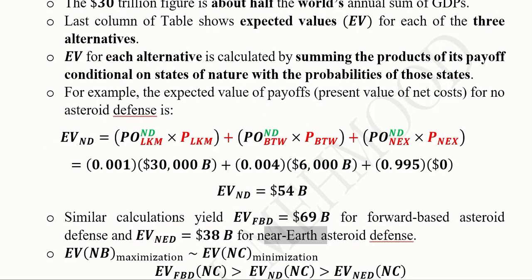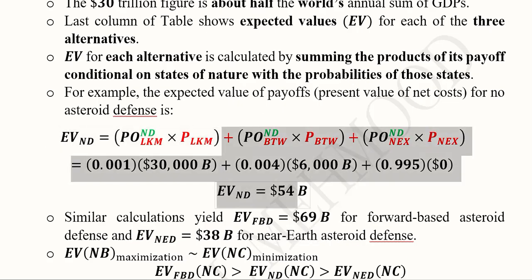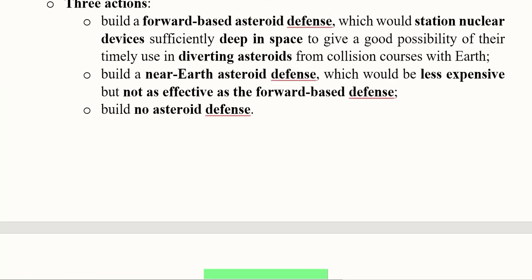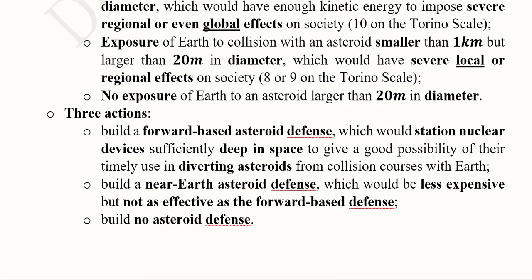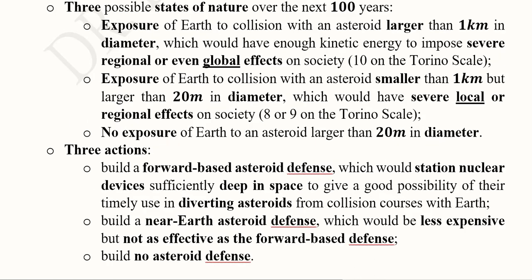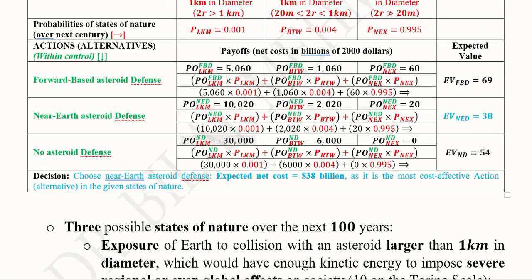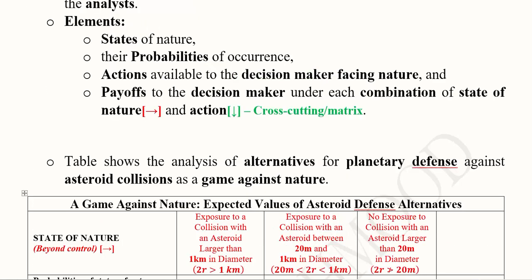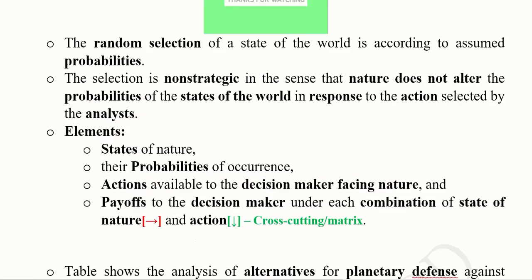And this was the explanation of it, one of the calculations of those expected values that we did, a little bit of explanation, comparison, and how the game against nature was developed with three actions or states of nature. This was the table that we developed to understand this game against nature. And this is the set of the components of a game against nature.